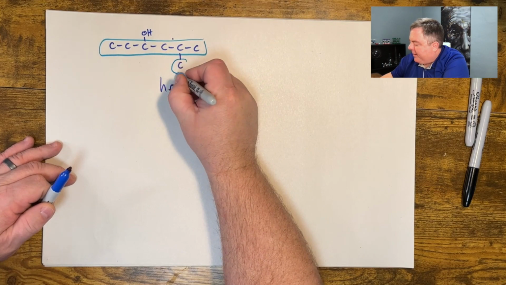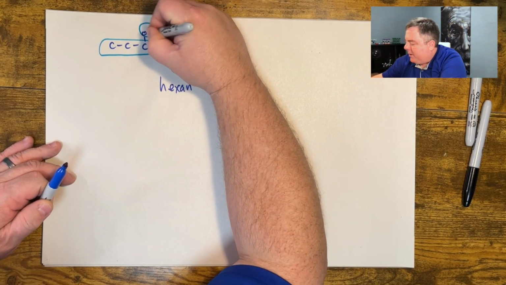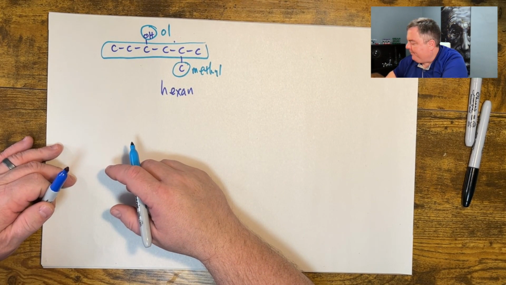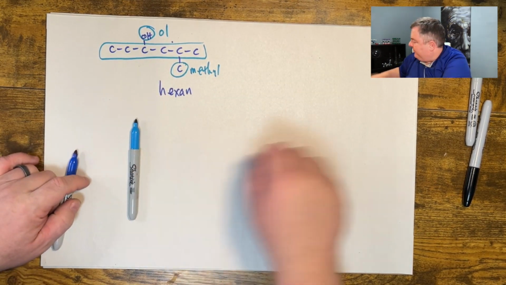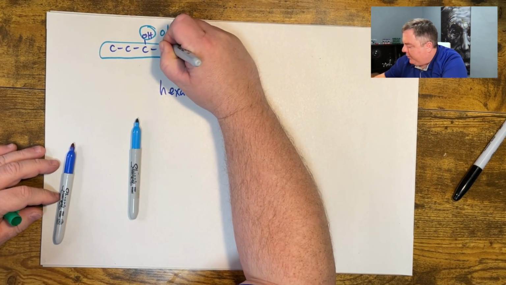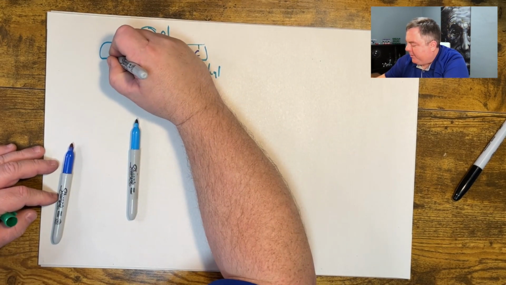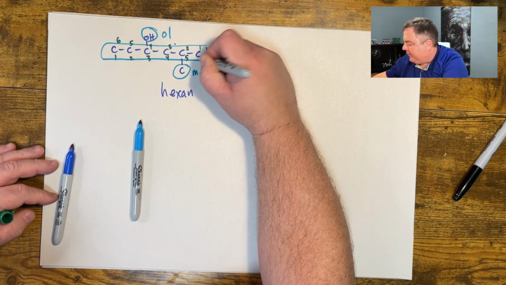And the parts we haven't named yet, we have a methyl group, and we have our alcohol. That'll be the "-ol" suffix. So we have to determine which way we should number these. Should we number from right to left? 1, 2, 3, 4, 5, 6. Or should we number the other way? 1, 2, 3, 4, 5, 6.